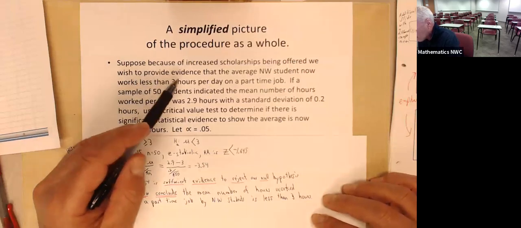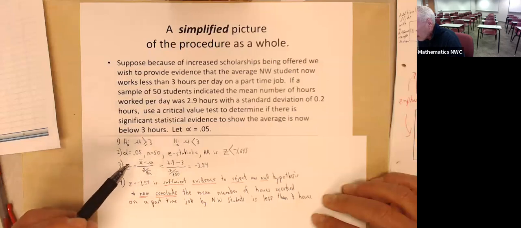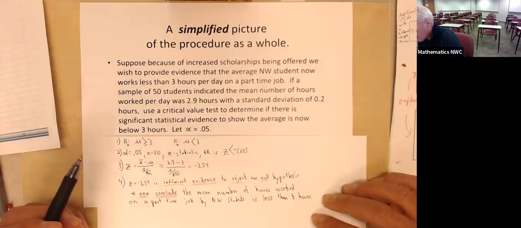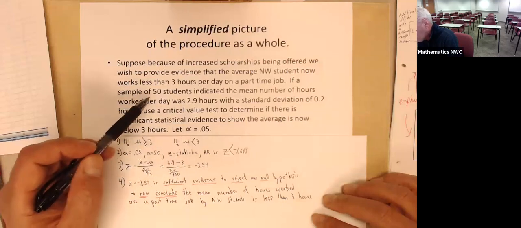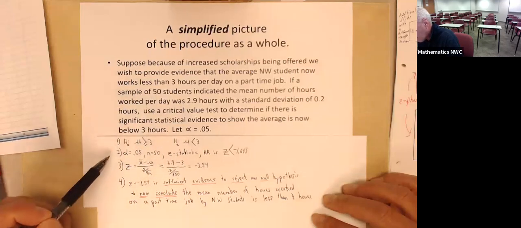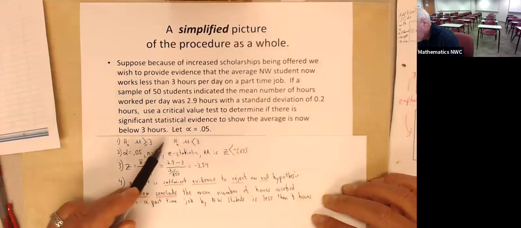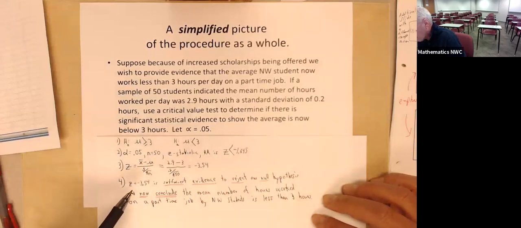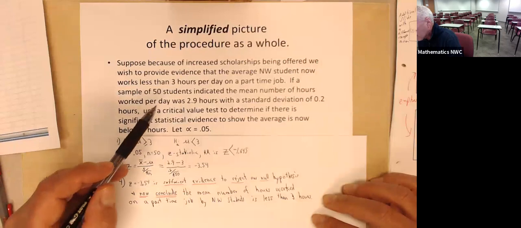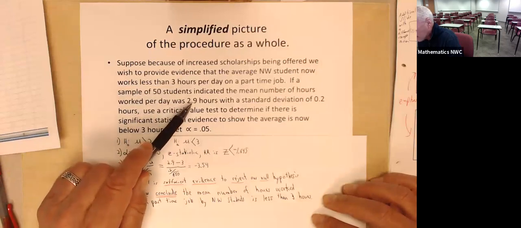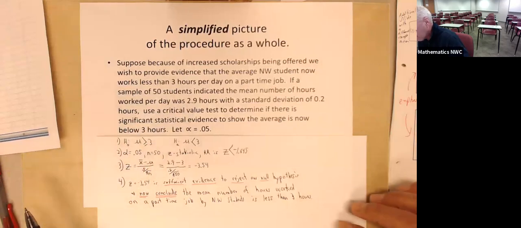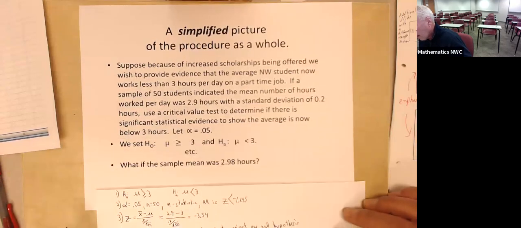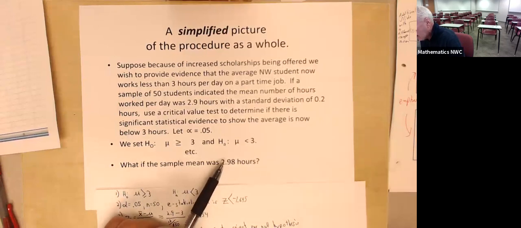I'm hoping after you see this whole thing that it's beginning to make maybe just a little more sense. On your next test, you're going to have 4 or 5 of these types of tests where you're going to have to show me all of this in a particular short answer. Some of your tests might have 2.9 hours, some might have 2.7 or something like that. Let's just say, for example, what if the sample mean had been 2.98?